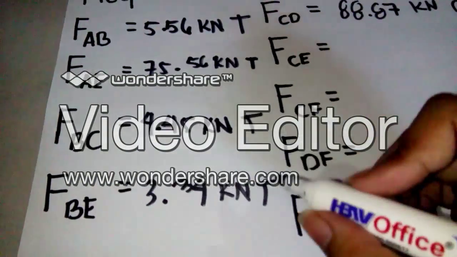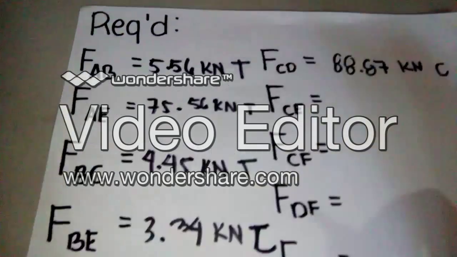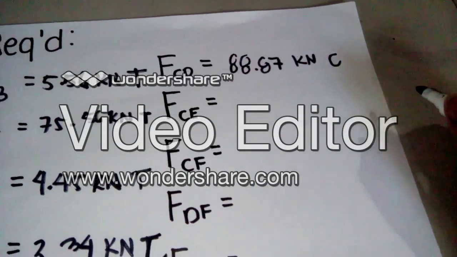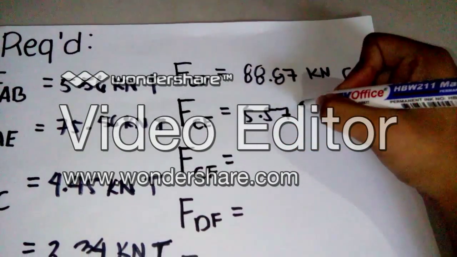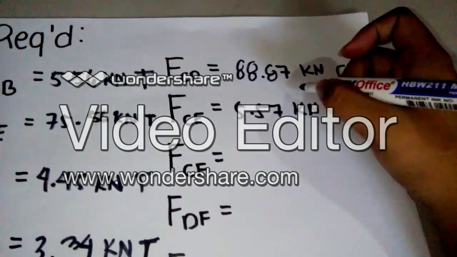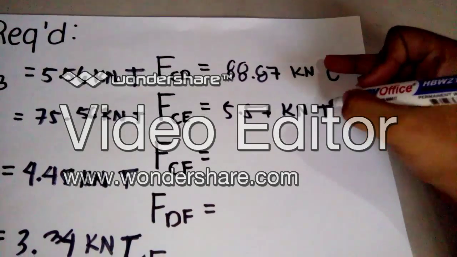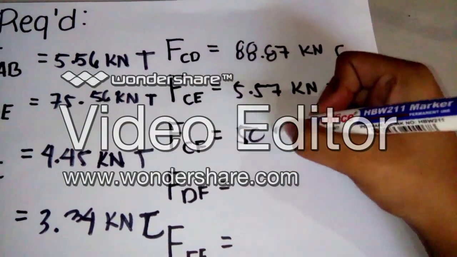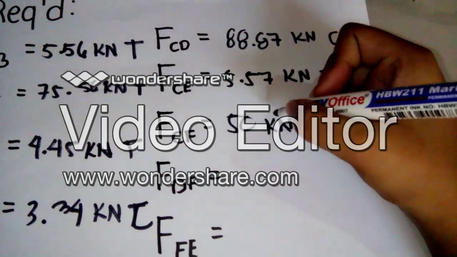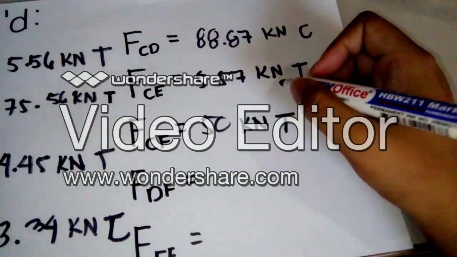And the FBE, it is compression. FCE, 5.57 kilonewton tension. FCF, 50 kilonewton tension.